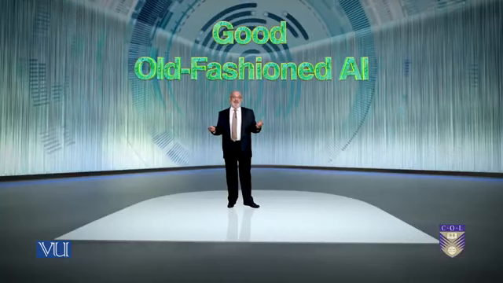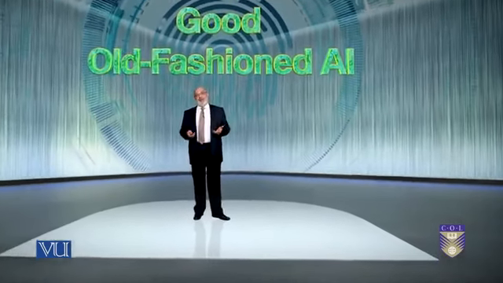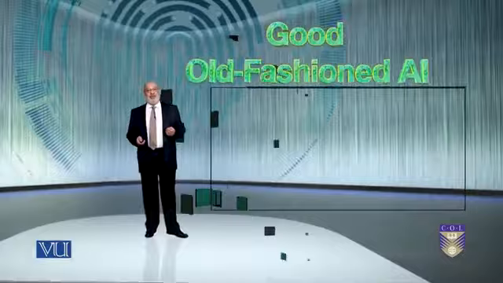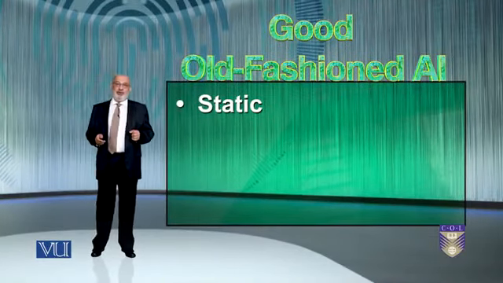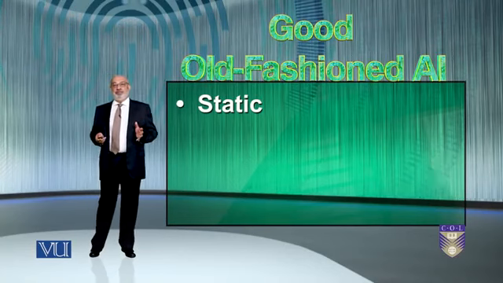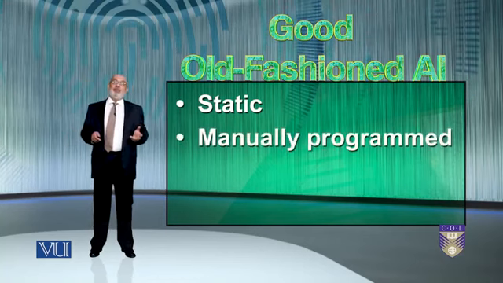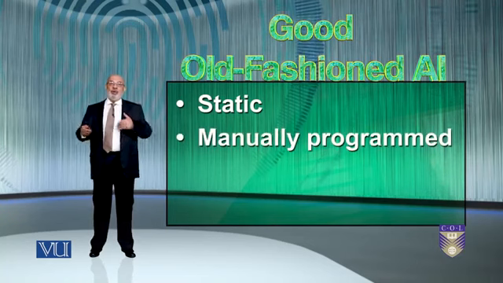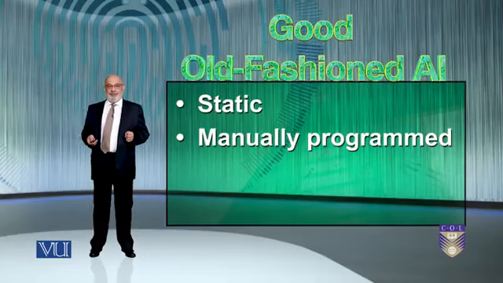Before coming to that, let's look at what we call the golden era of AI, the good old AI. Good old AI systems were basically static systems built around what I just mentioned, expert systems. They were hard-coded, programmed solutions to people's requirements, manually programmed, right? There was no automation behind that in terms of the software improving upon itself.